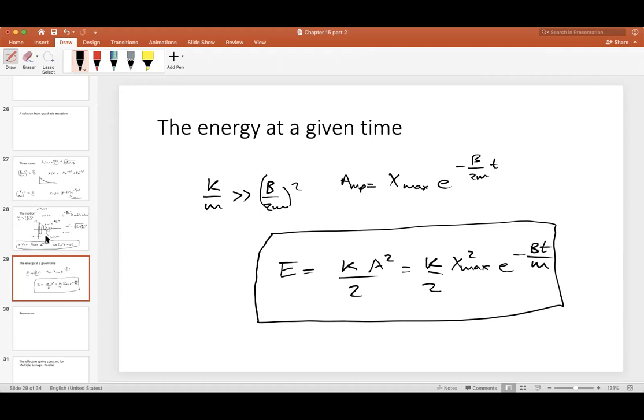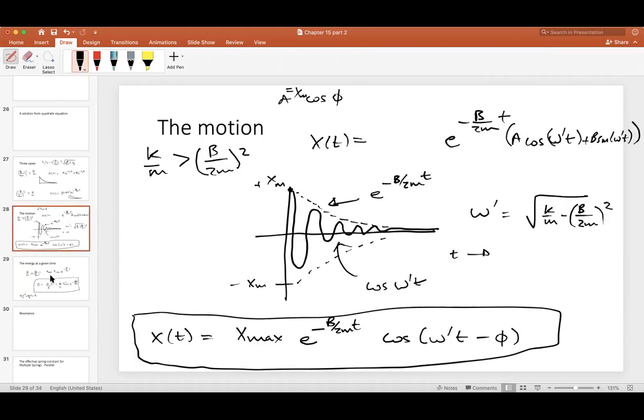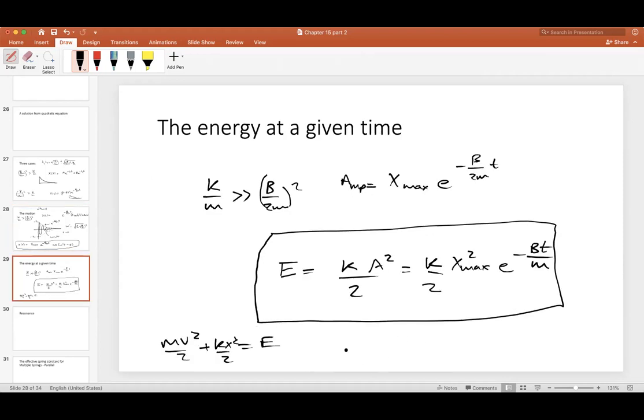It becomes a huge, this hand, mv squared over 2 plus kx squared over 2 is equal to the energy. And you could find the velocity by finding x from this equation. Find x from this equation, and you would get that mv squared over 2 is e minus kx squared over 2.